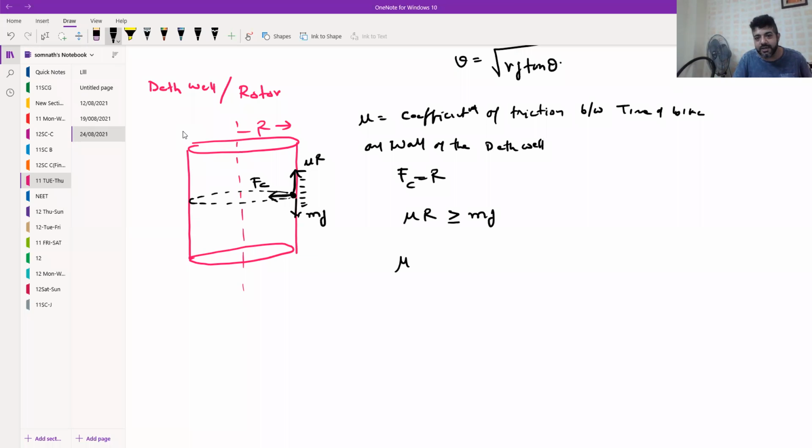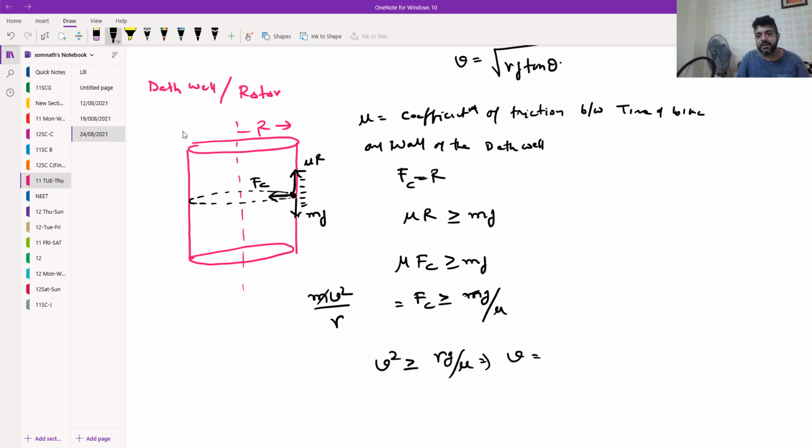So mu Fc is greater than or equal to mg, so Fc is greater than or equal to mg by mu. What is Fc? mv square by r. So mass cancels, so v square is greater than or equal to rg by mu. V is greater than or equal to root under rg by mu.